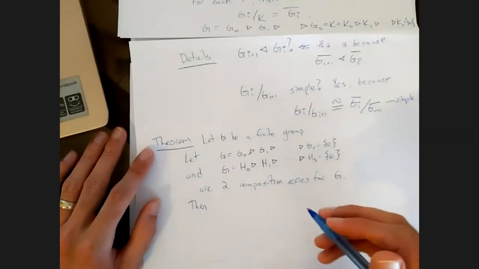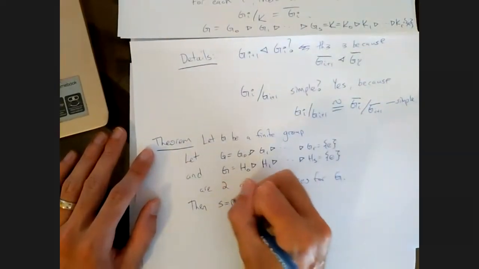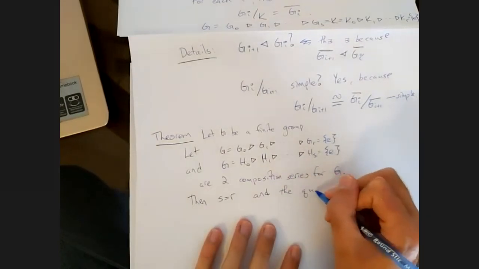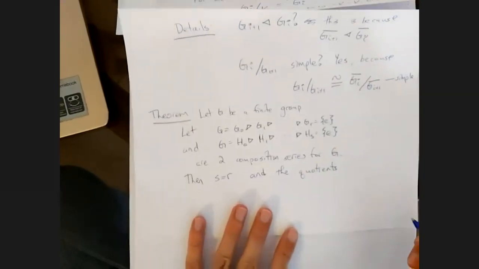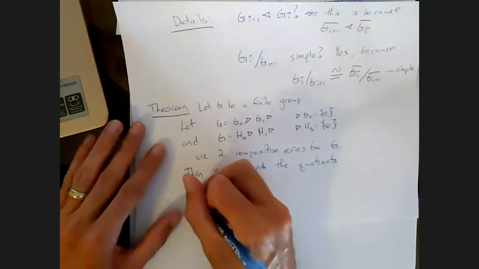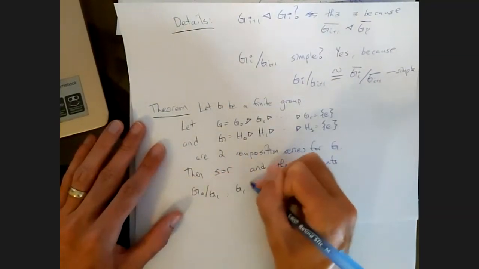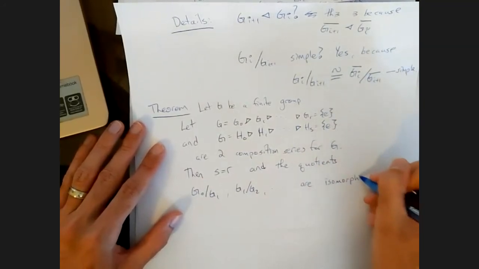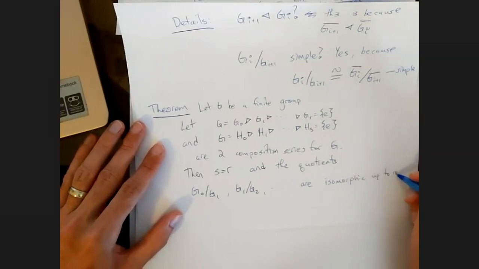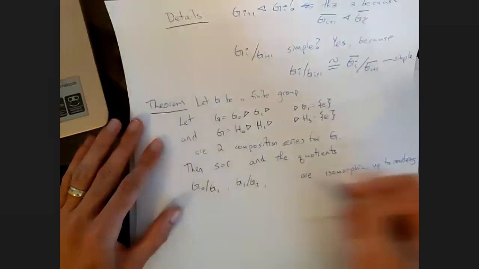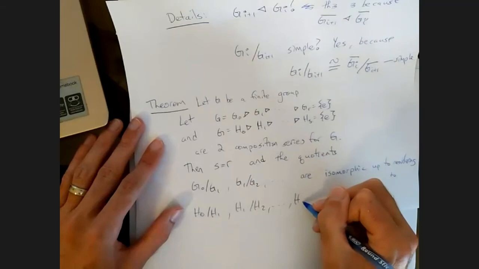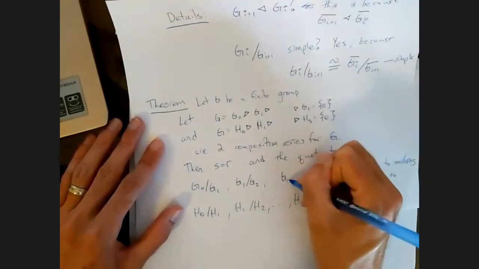Then the number of terms in each composition series is the same, so S equals R. And the quotients G0 mod G1, G1 mod G2, and so on, are isomorphic, up to reordering, to the quotients H0 mod H1, H1 mod H2, and so on, up to G_{R-1} mod GR.